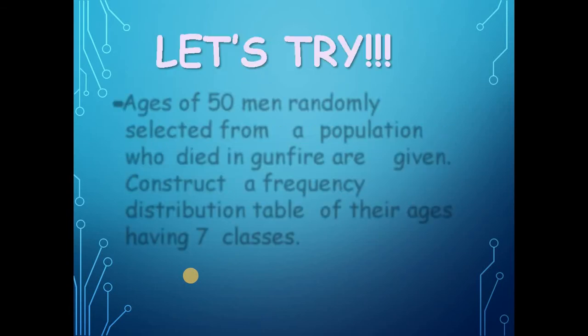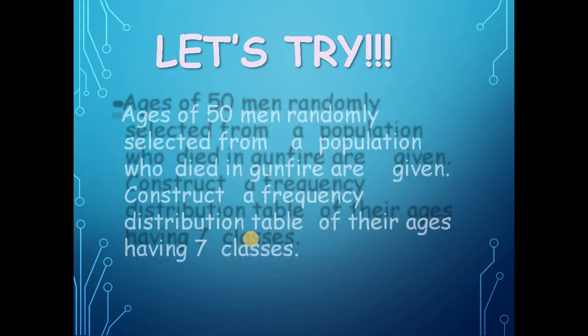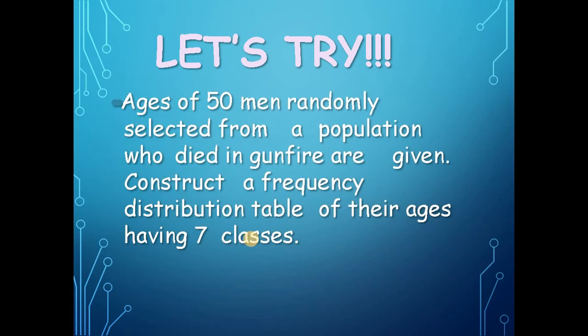So first, let us have an example. There are ages of men randomly selected from a population who died in gunfire, so they are soldiers. So we need to make a table of their ages having 7 classes.